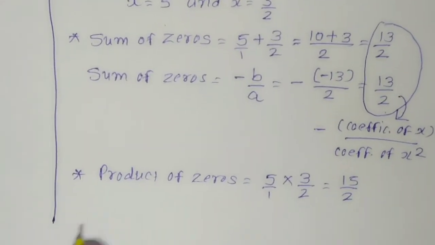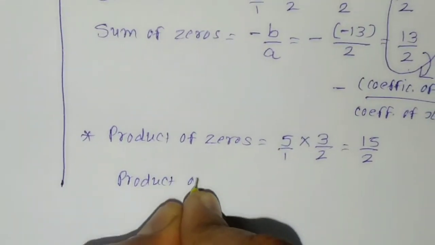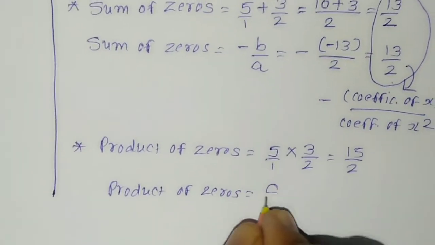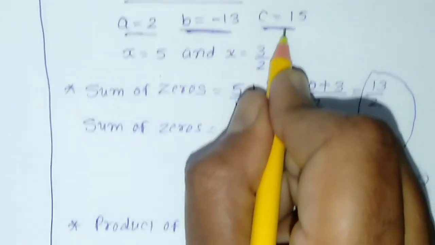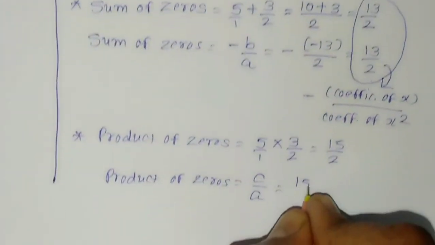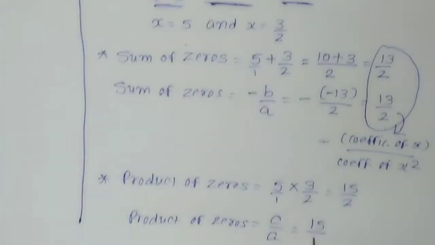As per the formula, the product of the zeros is c upon a. Let us see what is the value of c. Here you can see c is equal to 15, so I will keep 15. What is a? Let us see here. a is equal to 2, so 15 by 2.